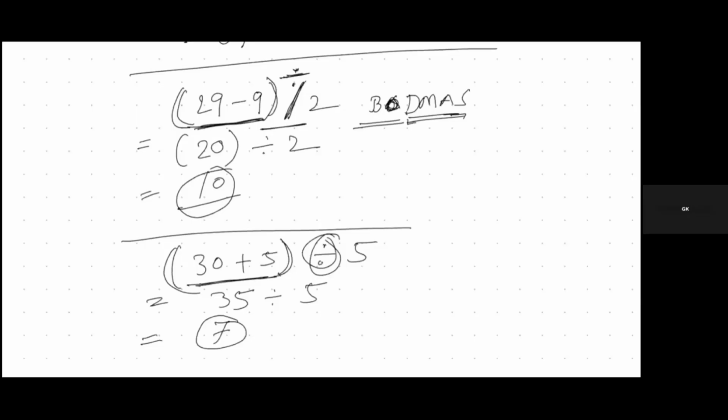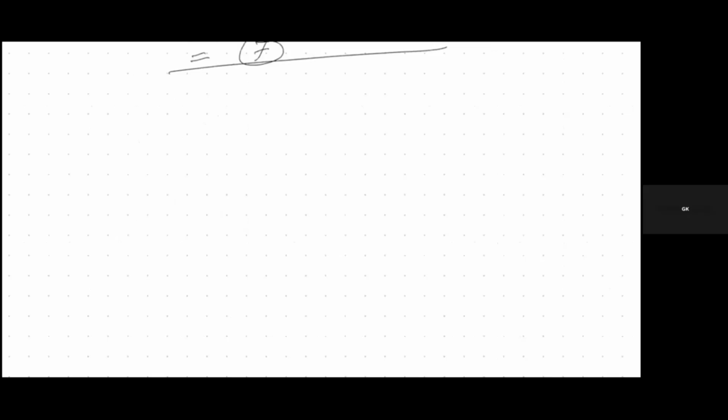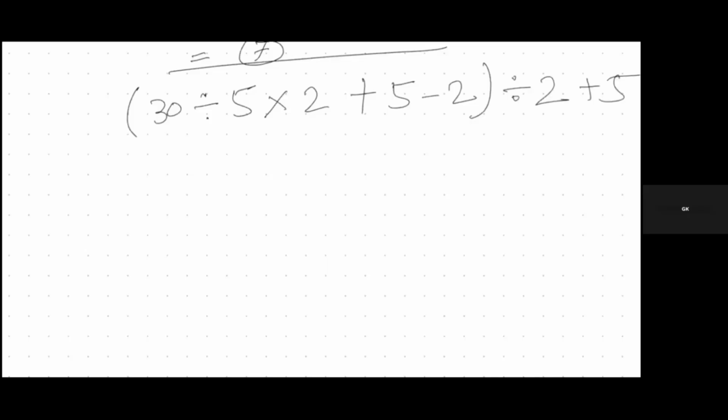Now we will have a little bit bigger expression within the bracket also, to understand the complexities of a particular expression. Let's say this is the expression.